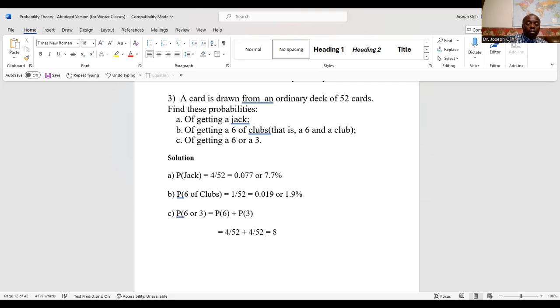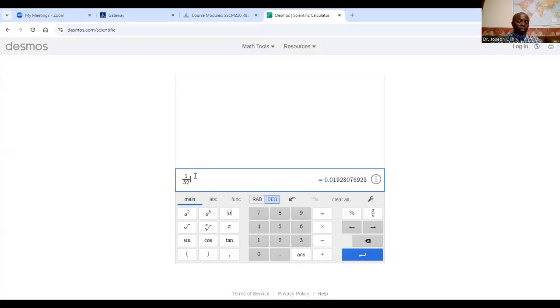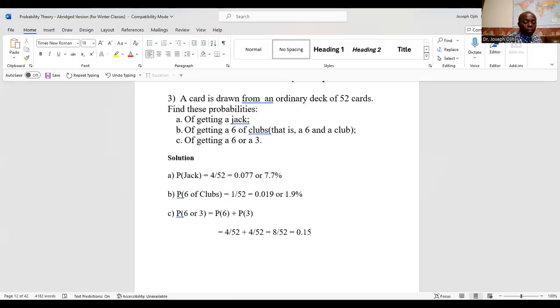That gives us 8 over 52, which we can now do on the calculator. 8 over 52 is 0.154, or you can call it 15.4% chance of getting a 6 or a 3.